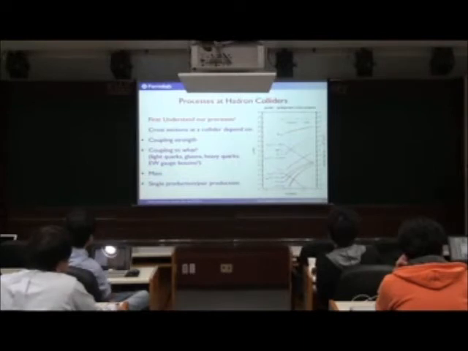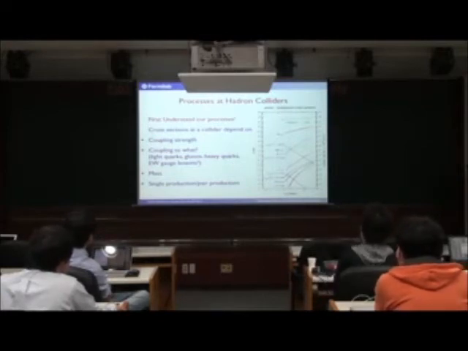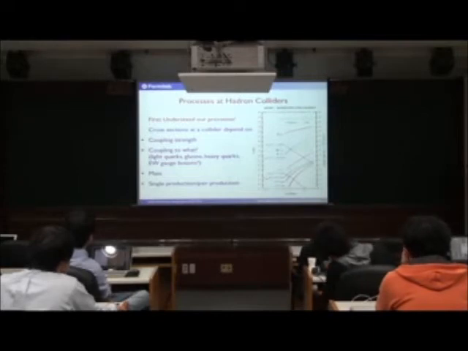The cross-section for a given process at the collider depends on a few important aspects, and it's important to keep all of these in mind when you think about backgrounds and signals for new physics. First, the coupling strength, of course: how strongly it couples to the standard model particles. And what it couples to.